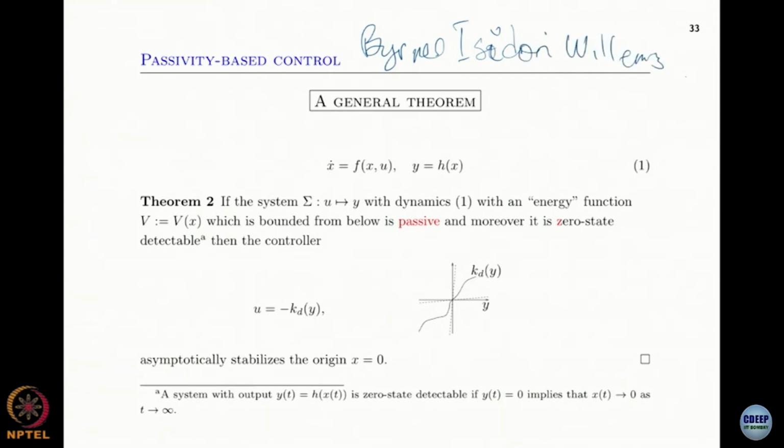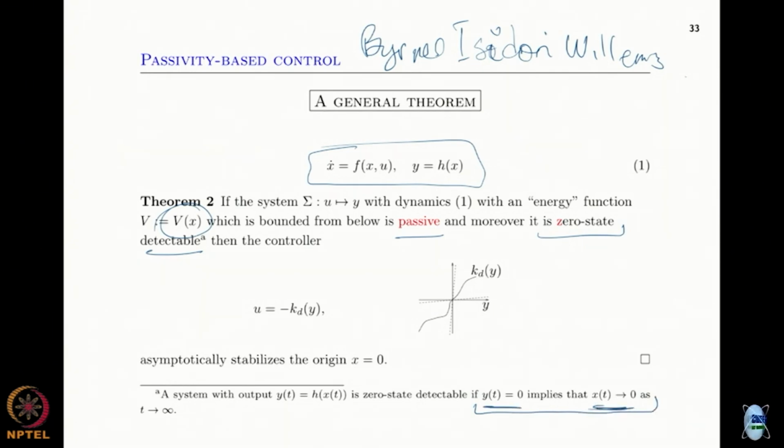It says the following: if you have this system and it is passive, with some energy function with respect to which it is passive, and it is also zero state detectable, which means that when y is equal to 0, that implies that x goes to 0, then all you have to do is re-inject the output to add damping, and your system will be asymptotically stable in closed loop.